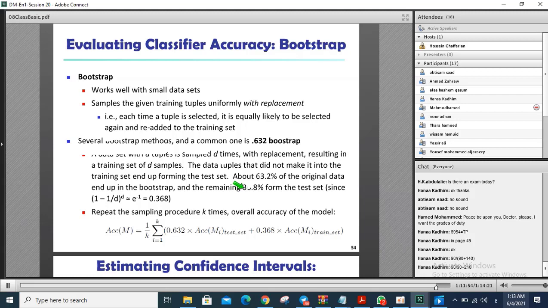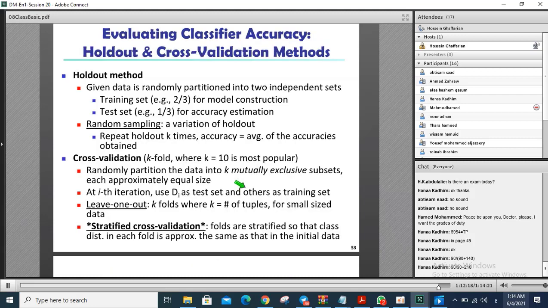One record can be selected multiple times because of the replacement strategy in bootstrap, to be a part of the training set. So finally, you can see here 63 and 36.